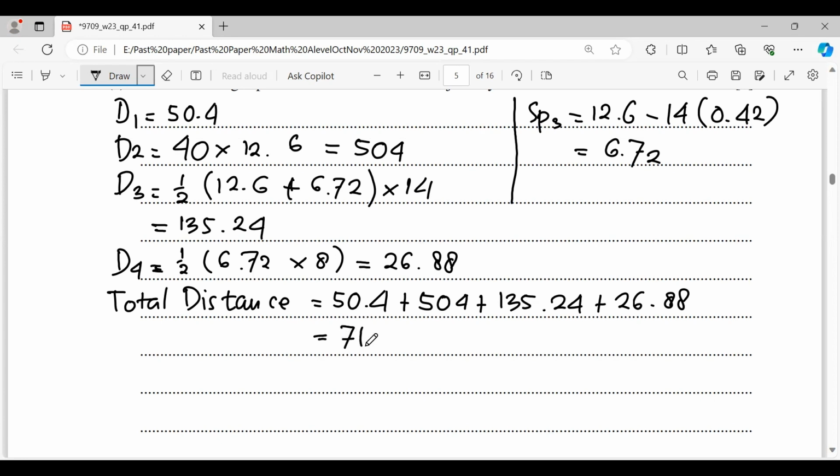Using the calculator, it is 716.52 meters.